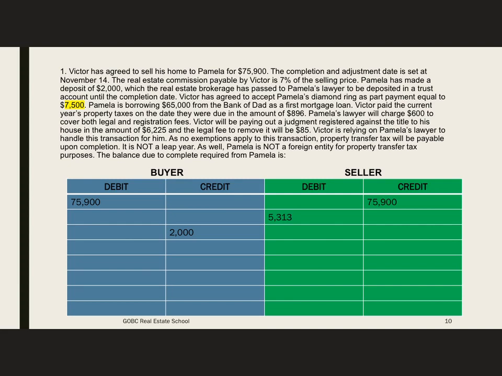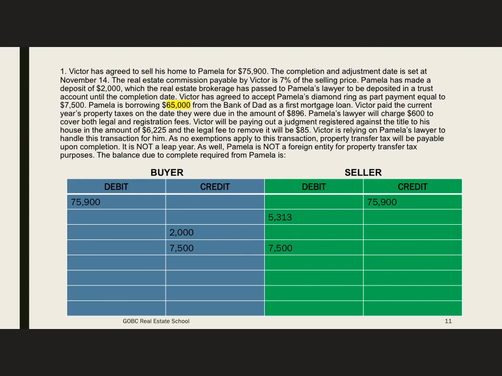Okay, the next thing that we're going to deal with is the diamond ring that Pamela is going to give to Victor. So for this diamond ring, that is going to go to Victor. We need to include that on both the buyer's and the seller's statements. So you see that we've done that. We've credited that amount that the ring is worth to Pamela, because she's going to give that ring against the purchase price.